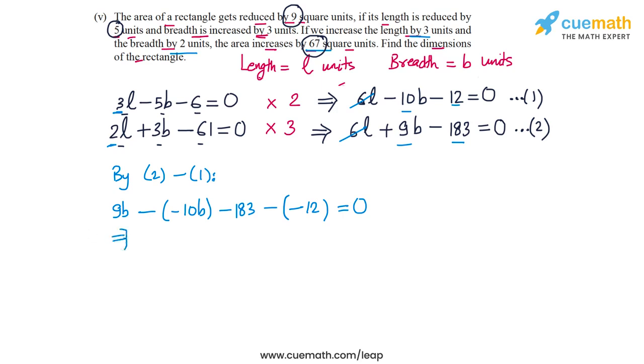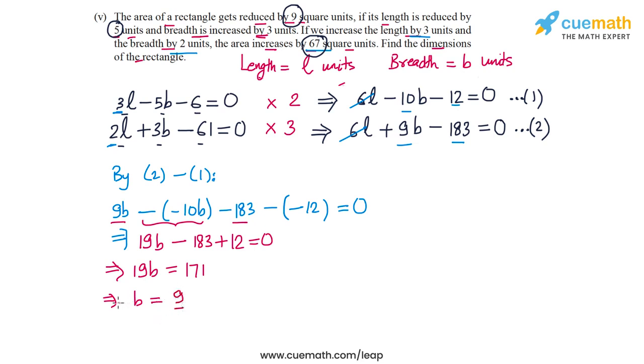So this means that 9B, and this becomes plus 10B, so that's 19B, and then we have minus 183 and plus 12, this is equal to 0, or 19B is equal to 171, and this means that B is 171 by 19, that is equal to 9.